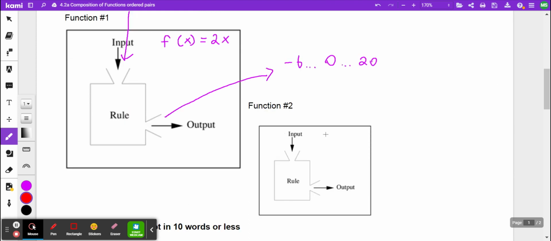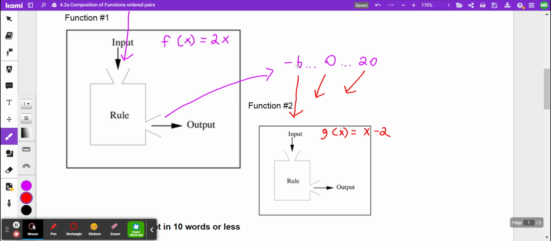Our next rule, we could say, no matter what we input, we're going to subtract 2. So immediately after these numbers went into the first machine and came out, they're going to go straight into the second machine, and out will pop some new numbers.